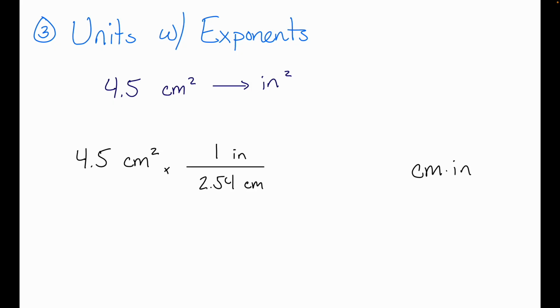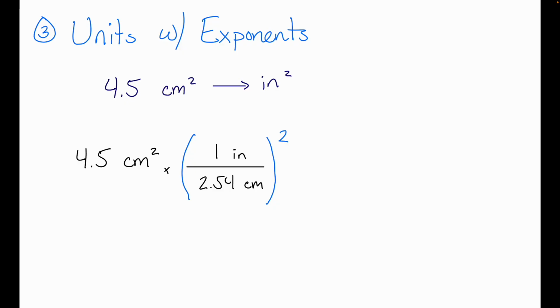All right, so how are we going to get rid of the centimeters squared? Well, what we're going to do is we're going to take the entire conversion factor and we're going to raise it to that same exponent. Right? Raise it to that same power of 2. That squares not only the units, but it also squares the numerical values inside of there as well. All right?